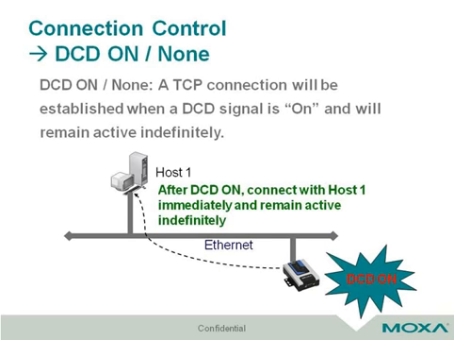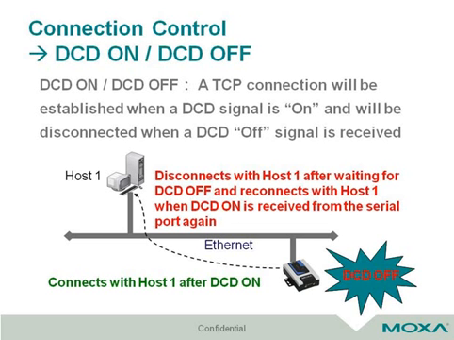Next is DCD on and none. A TCP connection will be established when a DCD signal is on and will remain active indefinitely. That is to say, if Nport receives a DCD off, it will not disconnect the TCP connection.